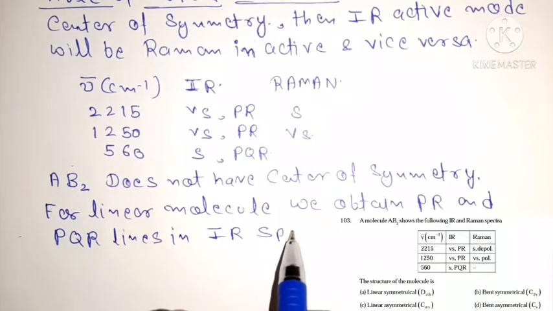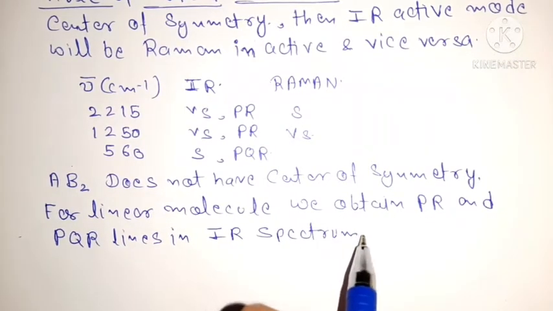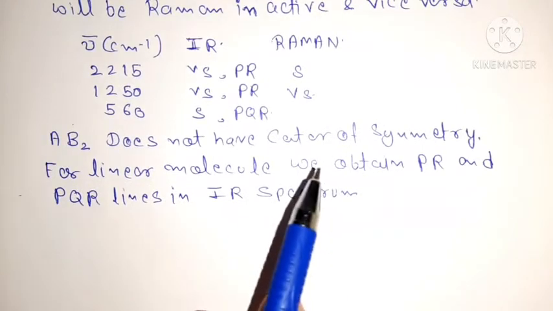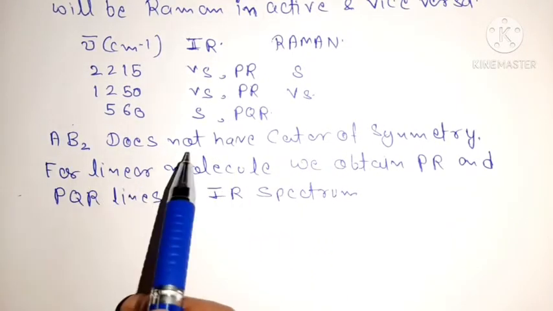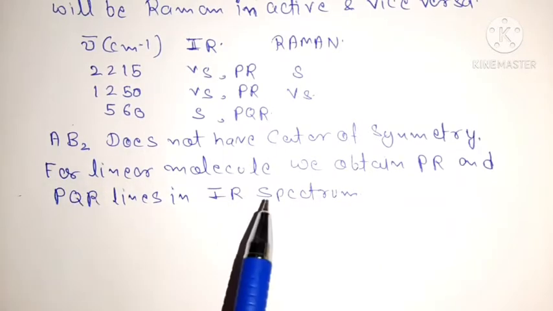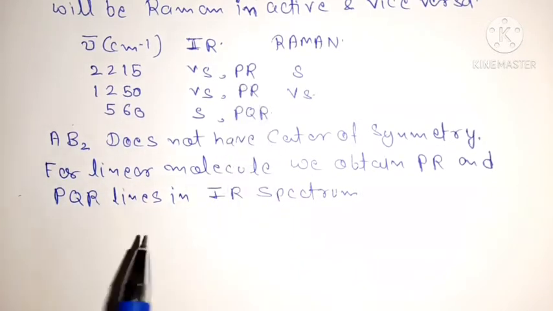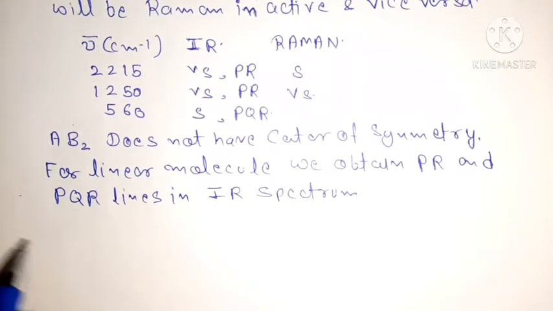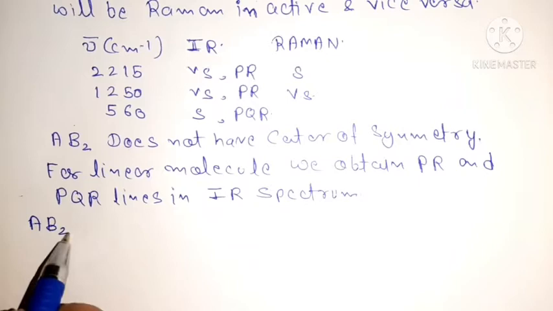This is another principle or conclusion. So first of all you conclude that AB2 doesn't have a center of symmetry, and second you conclude that AB2 is a linear molecule because it shows PR and PQR lines in the IR spectrum. So AB2 is a linear molecule.